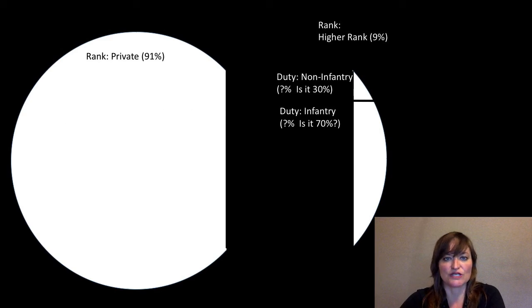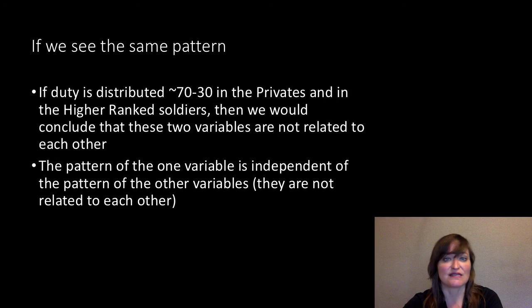How is that proportioned? If we see the same pattern, if duty is distributed roughly 70-30 in both of those groups, the privates and the higher ranked soldiers, then we'd conclude that the two variables are not related to each other. The pattern of one variable is independent of the pattern of the other variable.